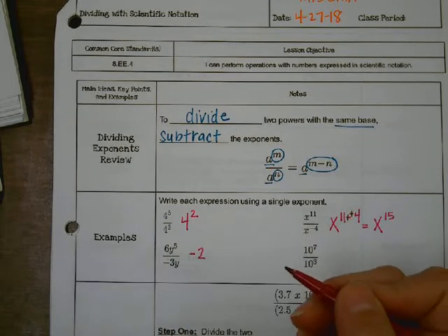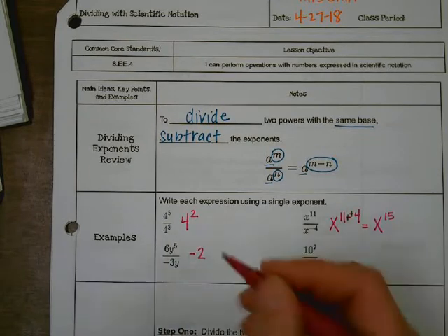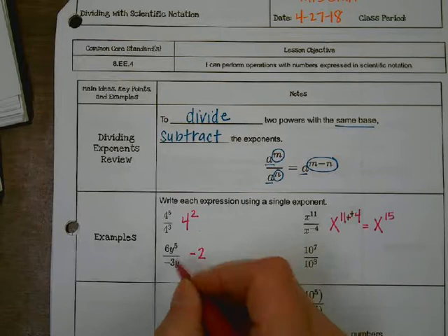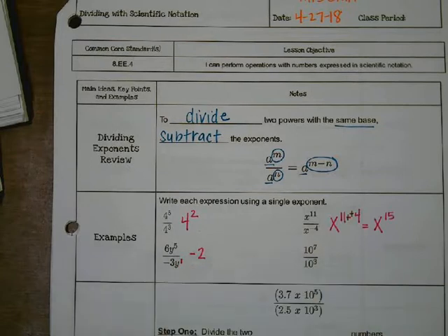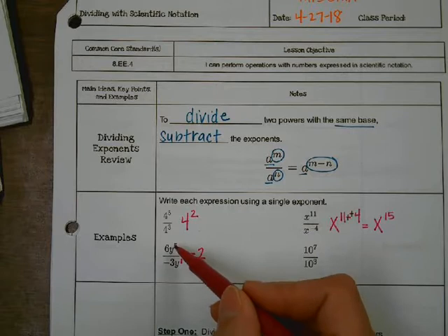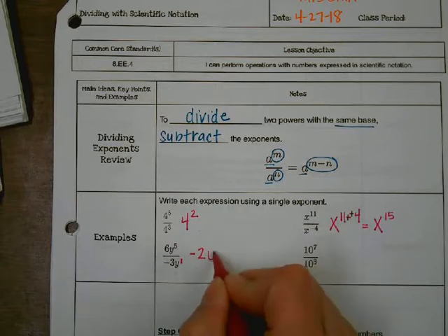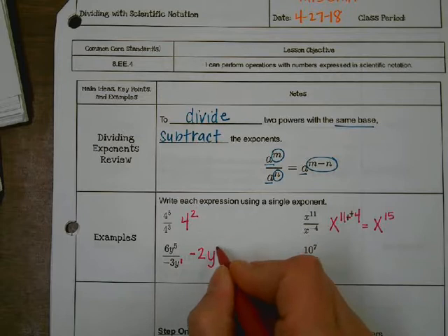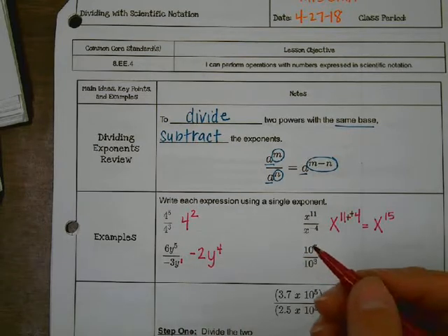Now I'm going to focus on my letters, my variables, and I have y to the 5th divided by y. Remember, it's sometimes helpful to write in that invisible 1 exponent so that I have it there. So I have my base of y, and it's 5 minus 1, which then gives me 4. Be very careful.